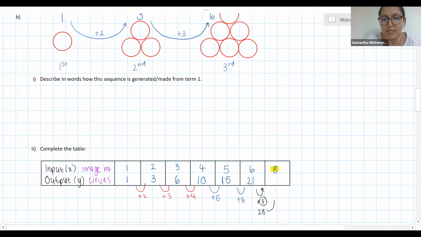I still want to get to image 8, so I still need to add 8 to 28 and get my answer. Bunganele, do you want to tell me how many we would have? Image 8, ma'am. That'd be 36.